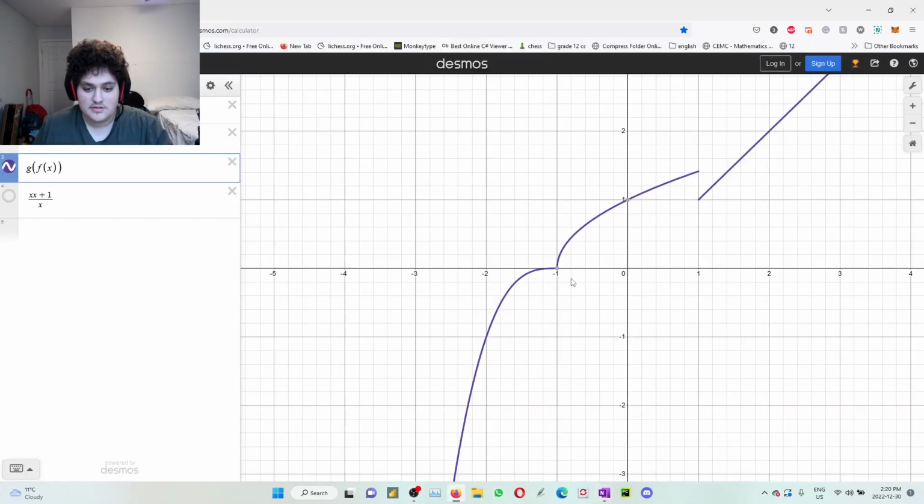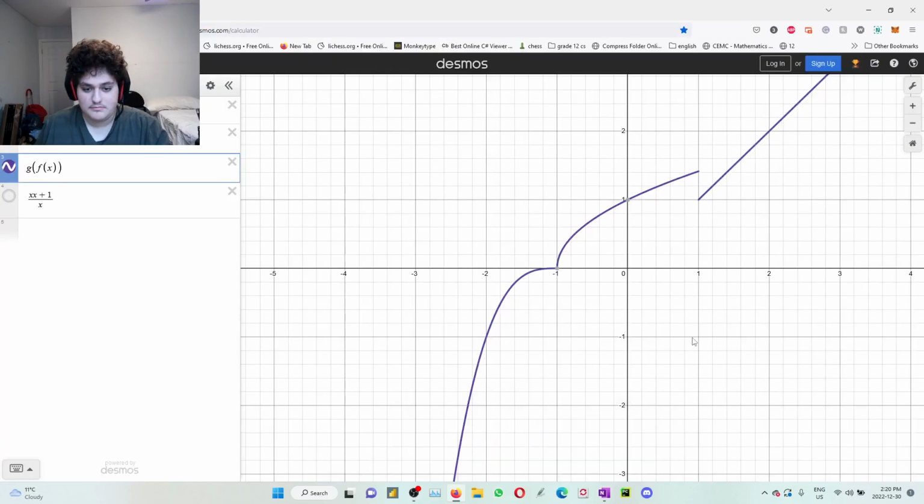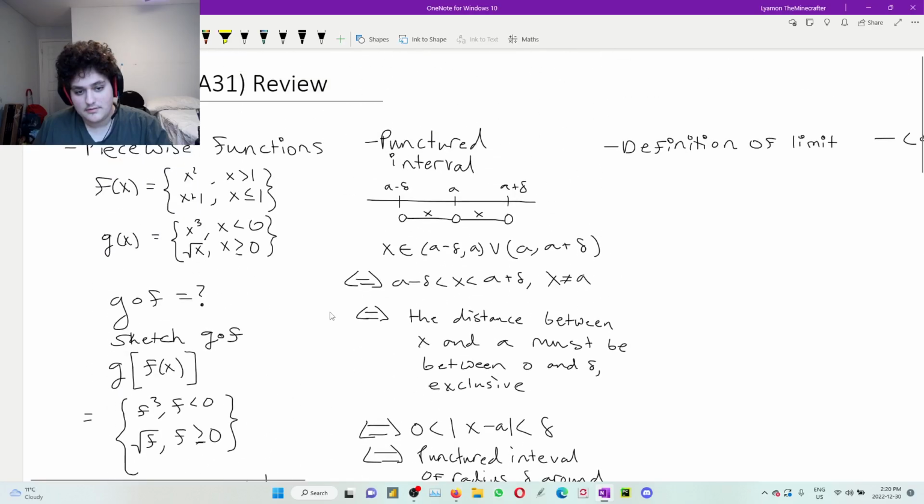And yeah, this graph looks pretty good, I would say. Yeah, so I guess this more accurately looks like this. It looks a little bit more like this. But other than that, I would say this is pretty good.